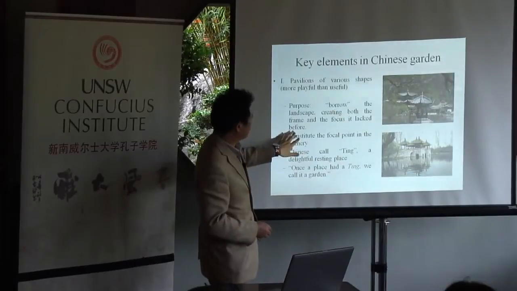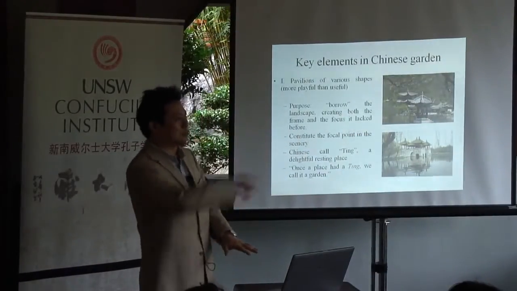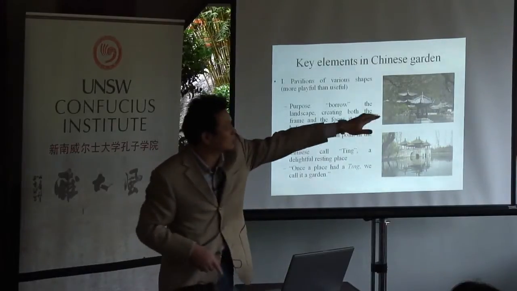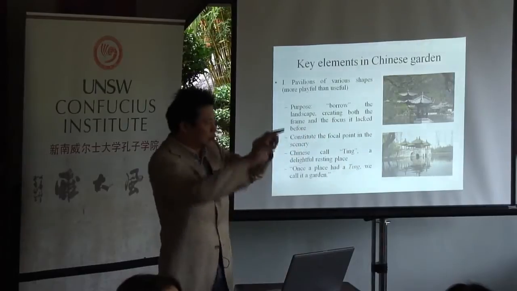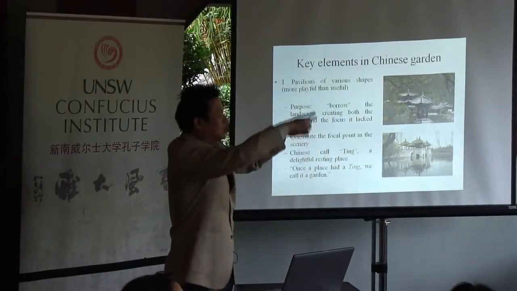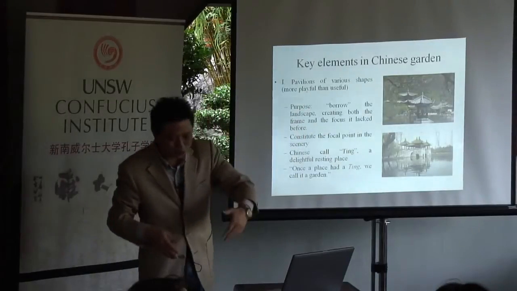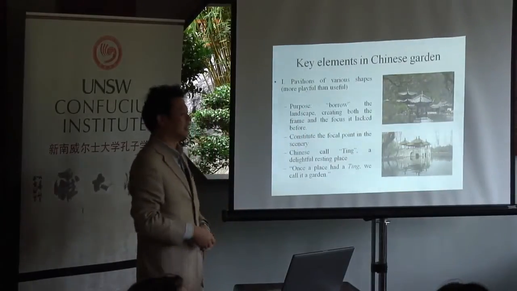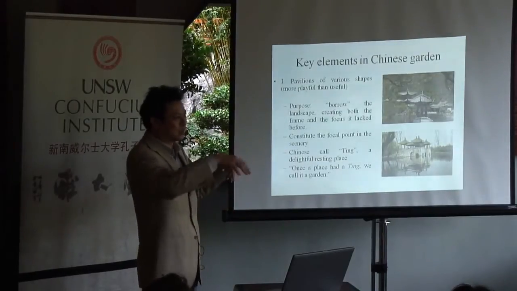Like when we stay in the pavilion, we can look out at a lot of scenery. We call this a window. We can borrow the scenery into the pavilion. This is very important in the Chinese garden. How to make the scenery.